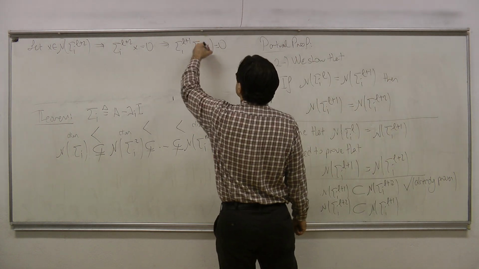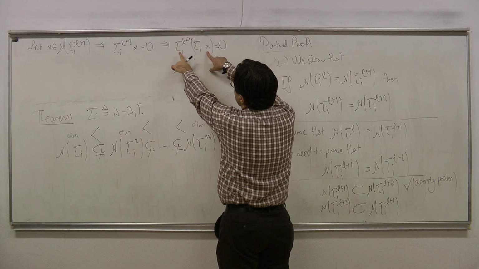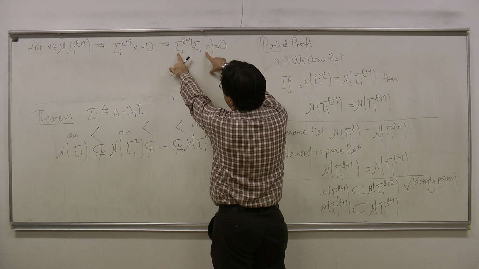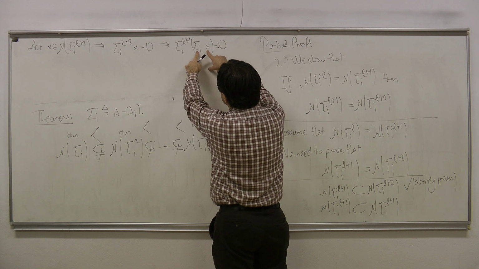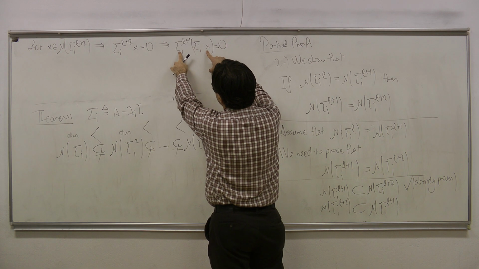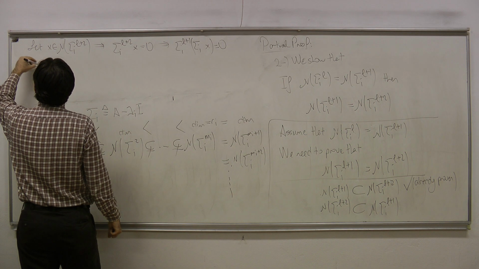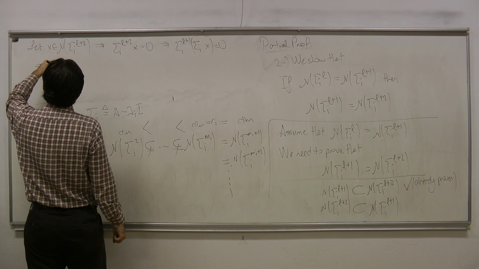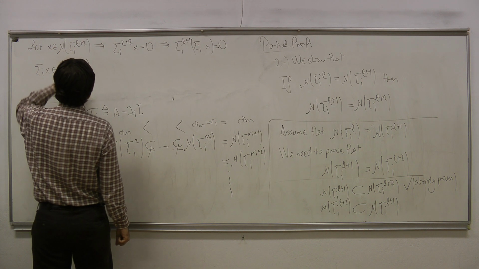So now this means that this vector sigma I X, when I multiply it with sigma I to the L plus 1, gives me 0. So sigma I X is inside the null space of sigma I to the L plus 1.